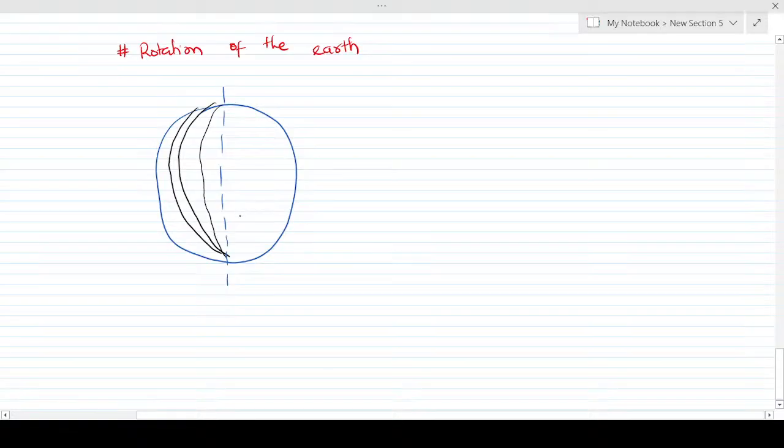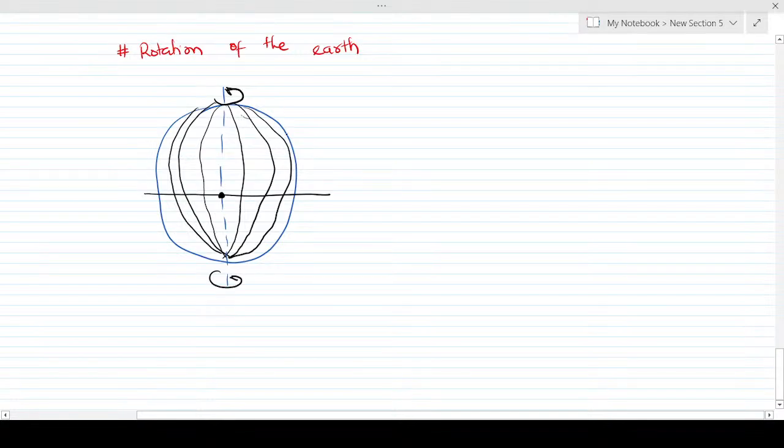Right, so I have another here in this direction, and in this direction, and this is my equator. This is the center of my equator. Now the earth rotates on its own axis. So if there is a body here, and the earth is rotating, initially there will be a force of gravity between this body and the earth.